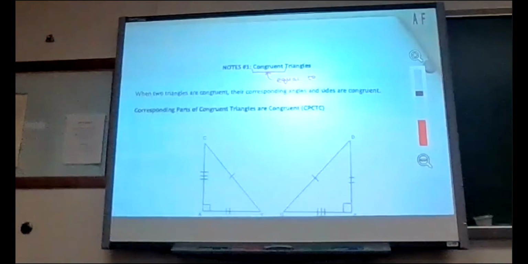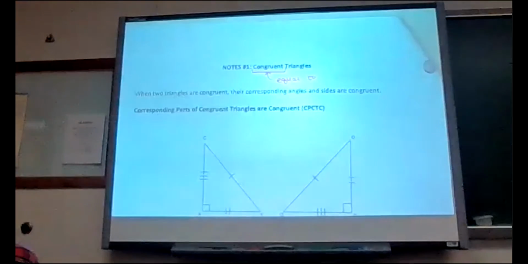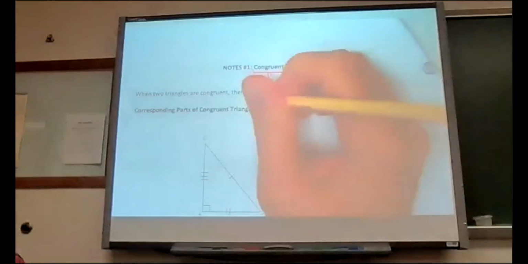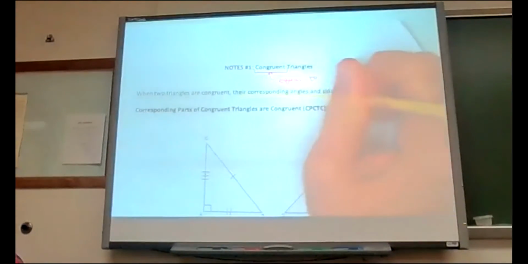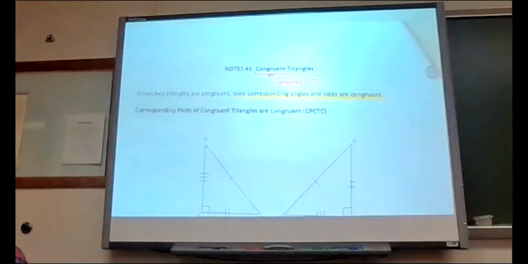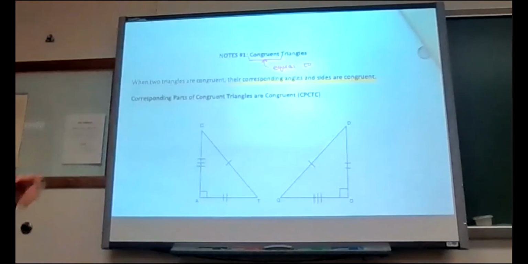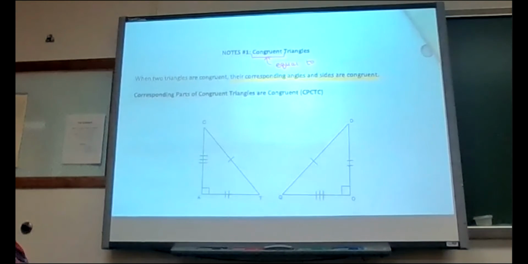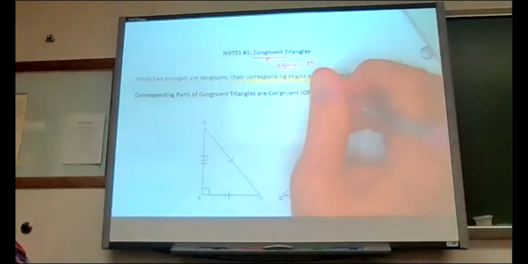But if triangles are congruent, then we also know that all of their corresponding angles and sides are congruent. So all of the corresponding angles and sides are equal to each other as well. And this is something we use in our proofs later on, where we say CPCTC.